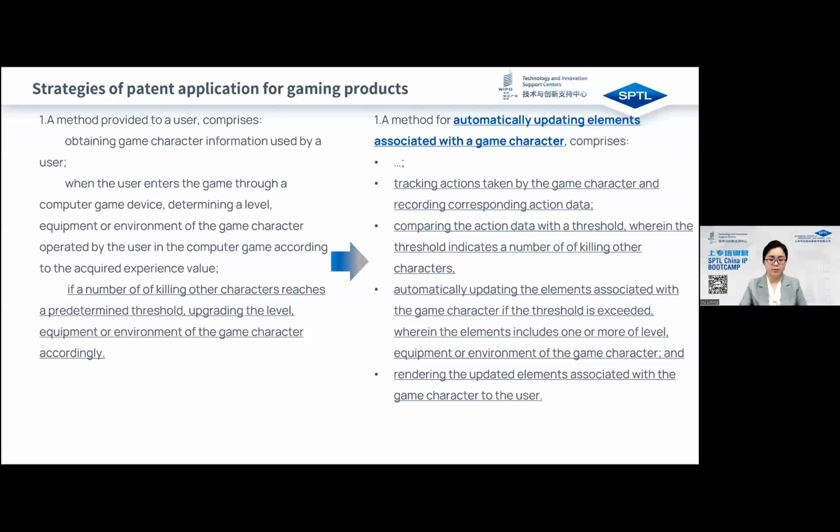Therefore, the amended Claim 1 solves the technical problem of how to automatically update the level and equipment of the game character when the game character completes a certain task without the manual intervention of the user. In this way, the amended Claim 1 adopts technical means, solves technical problems, realizes technical effects, and constitutes a technical solution.